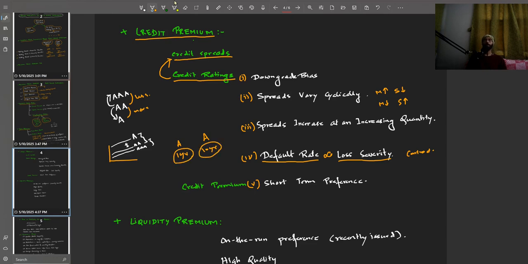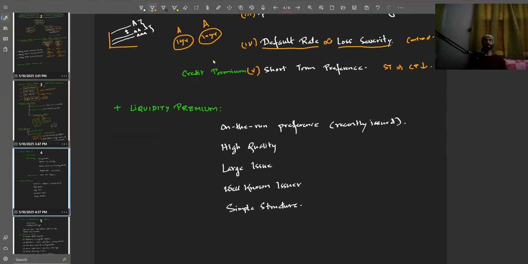Short terms will be preferred in terms of credit premium also, not only in terms of term premium. In terms of credit premium also, shorter term is preferred more. So the short term means credit premium is less, right?